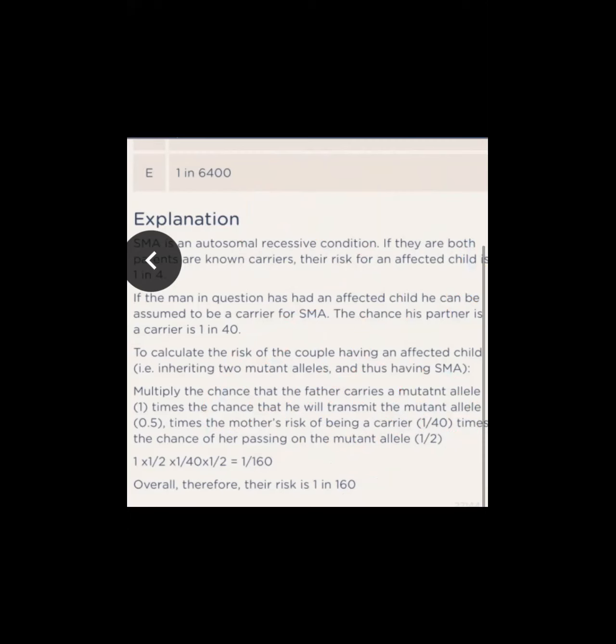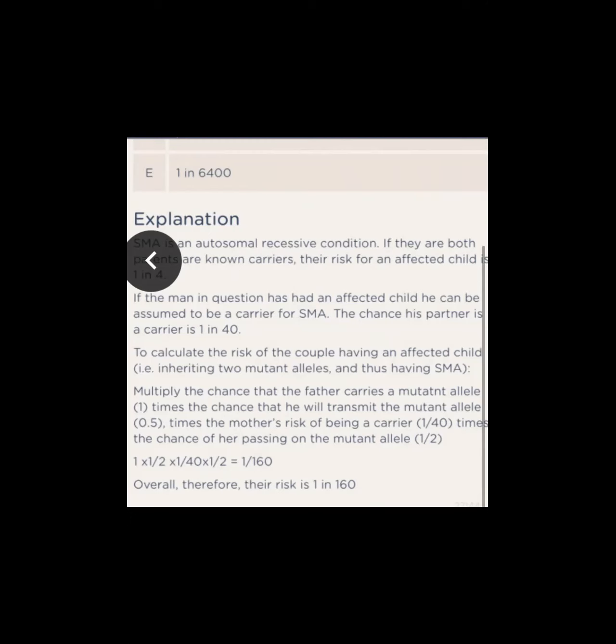Now this man is definitely a carrier because he has an affected SMA child, and his previous wife must also be a carrier. Both are carriers. So if the man in this question has an affected child, he will be a carrier for SMA. Definitely he is a carrier.